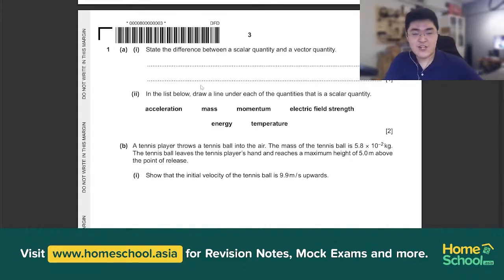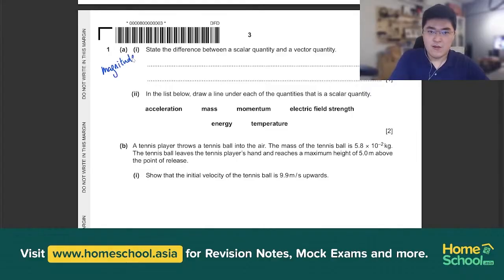The first part of question A1 asks what the difference is between a scalar quantity and a vector quantity. Simply put, a scalar quantity has a magnitude. However, a vector quantity has both a magnitude and direction. So we just need to write this down in our question paper.